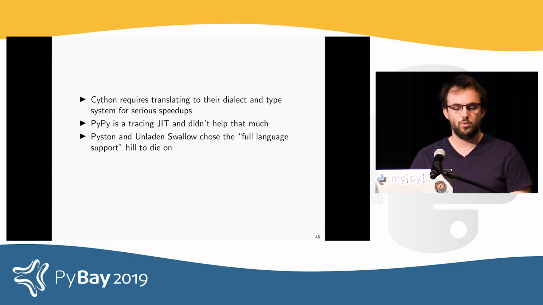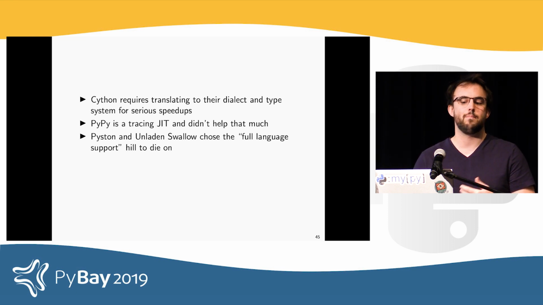Pyston and Unladen Swallow, which are both traditional JIT efforts, Pyston formerly done at my employer, chose the full language support hill to die on, which is to say, you say, okay, we want to be compatible with all of Python, and then you spend all of your time making it compatible and none of your time making it fast, and then your employer decides to stop paying you to work on it.